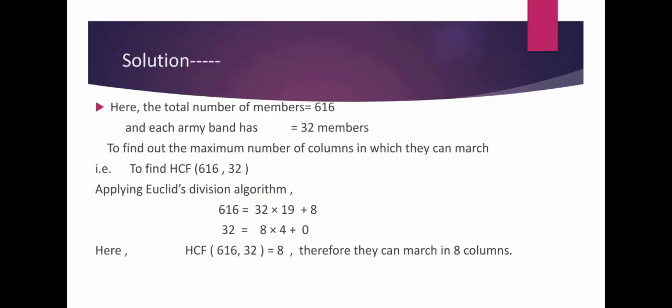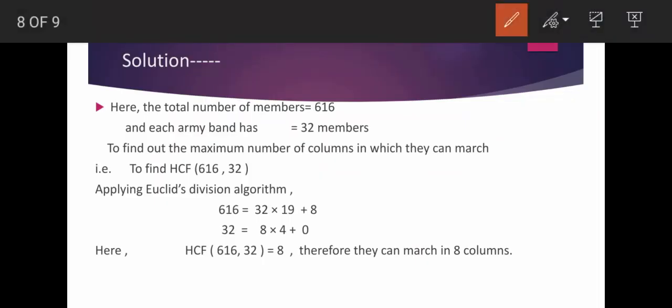So here is the solution. Here the total number of members is 616, that is already mentioned in the question, and each army band has 32 members. This army contingent of 616 members will have to march behind an army band of 32 members.